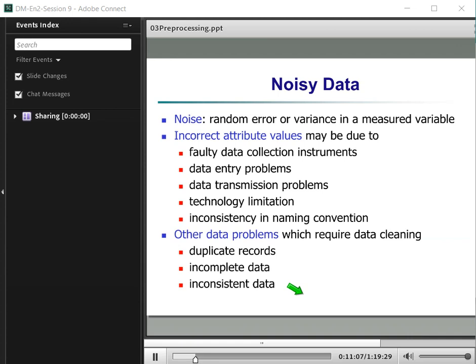Maybe I have two attributes in two different databases or data sets with a similar name. For example, I have a feature named length in database A and another feature with the name length in database B. But they are not the same.